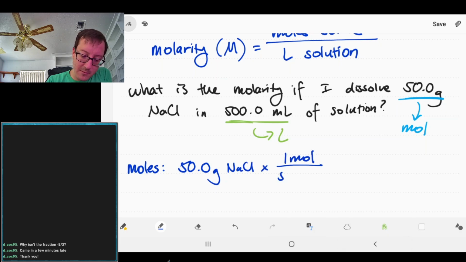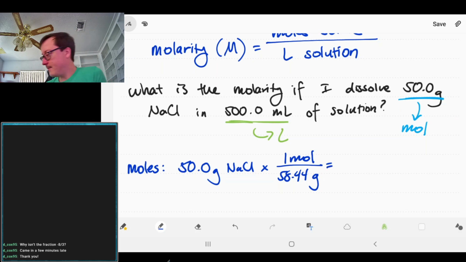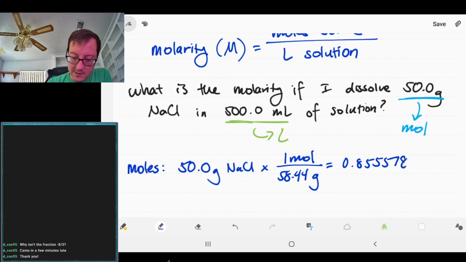Mole on top. 58.44, I think, on the bottom. Molar mass of sodium chloride. Bust out thy calculator. 50 divided by 58.44. 0.855578. 3 sig figs there.